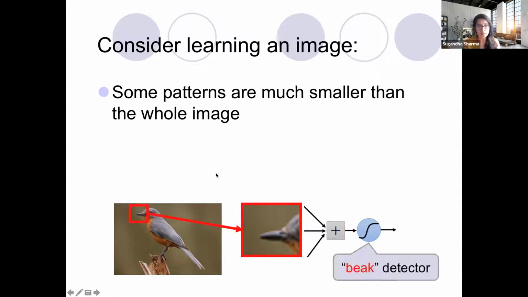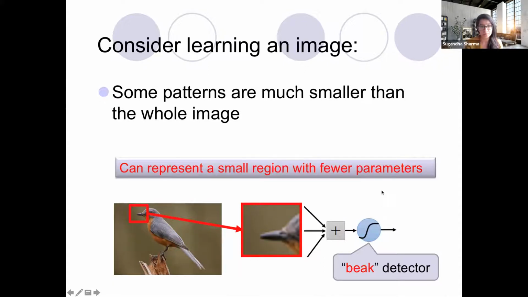So we can call this a beak detector. It's just taking a small part of the image, summing all the activations and passing it through a nonlinearity, and that gives us a beak detector. And so what it helps us do is represent a small region in this entire image with fewer parameters.